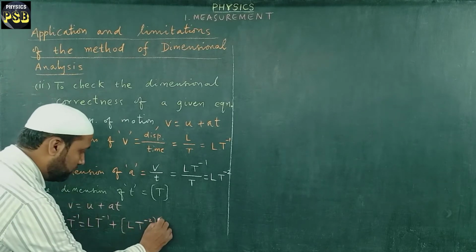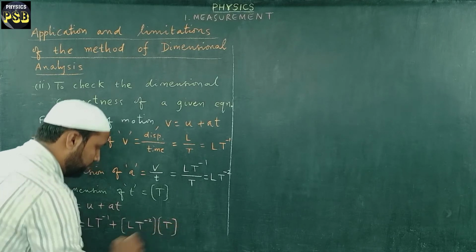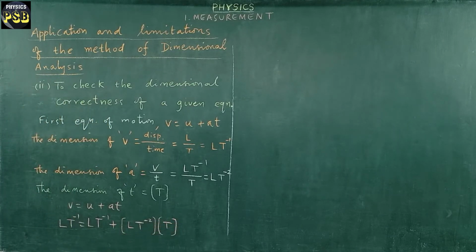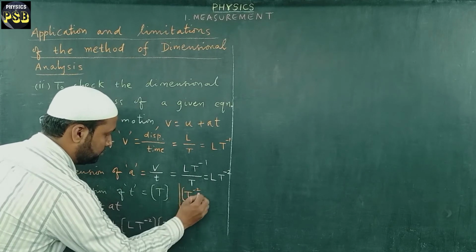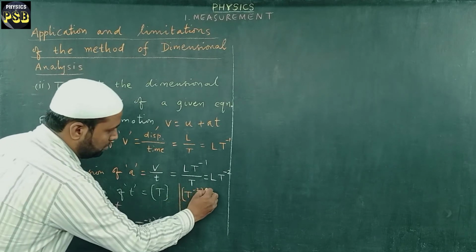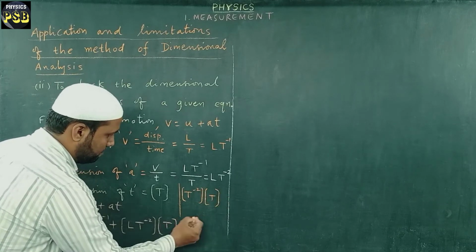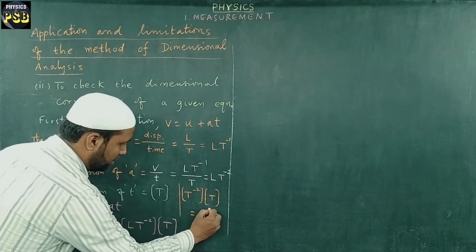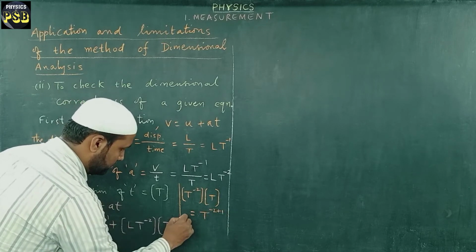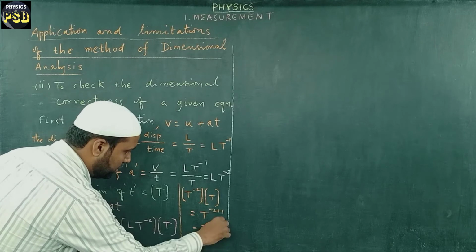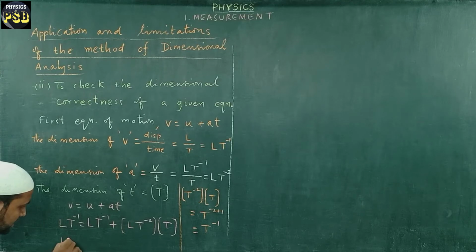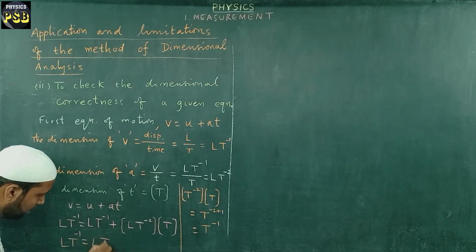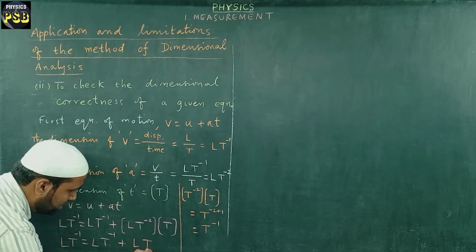Then the dimension of T is capital T. When these two are multiplied, T power minus 2 into T, we obtain T power minus 2 plus 1. That is nothing but T power minus 1. The next step appears something like this: LT power minus 1 equals LT power minus 1, and even here we have the same LT power minus 1.